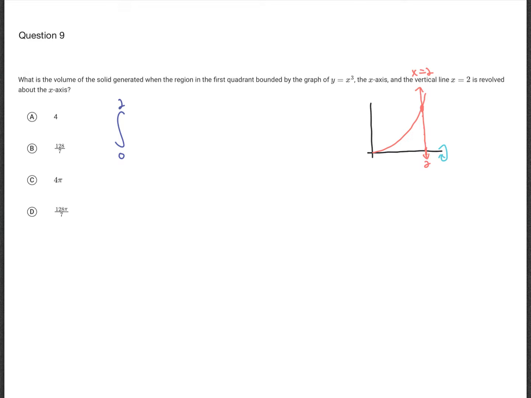In any kind of volume of revolution, our area function is always a circle, so we're always going to be dealing with pi r squared. If we look at a radius, like that's a radius here, and when you revolve it, it gets revolved this way.